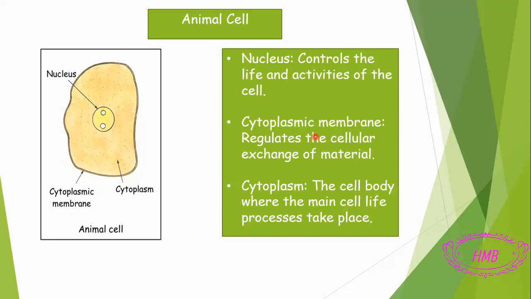To go out, the door, which is the cytoplasmic membrane, must open. That's why we say that the cytoplasmic membrane helps the useful materials such as oxygen and nutrients to enter, and the carbon dioxide, which is a waste, an unwanted material, to go out.